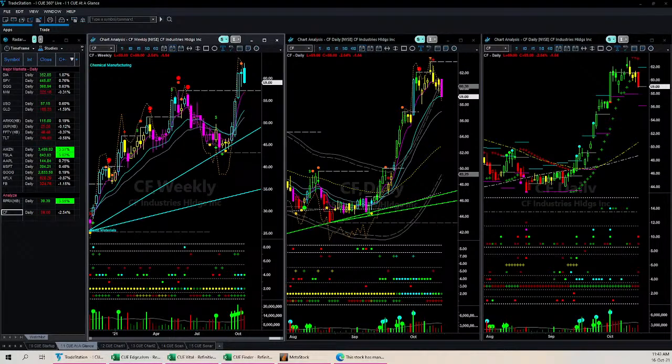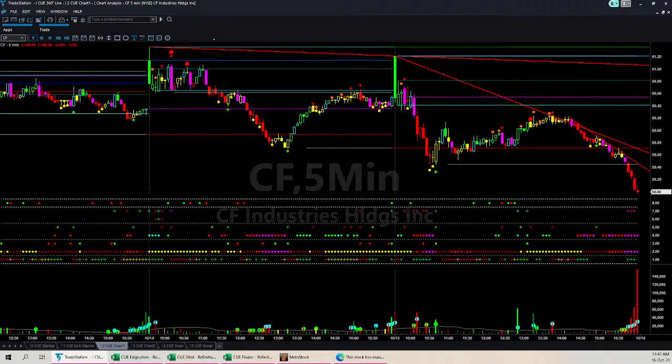Now if we look at the intraday charts, if you were watching CF on Friday, then you would notice it created the early range high and early range low on this candle. This is a 5-minute interval. I use a 5-minute interval in the morning session. It closed decisively below the early range low.